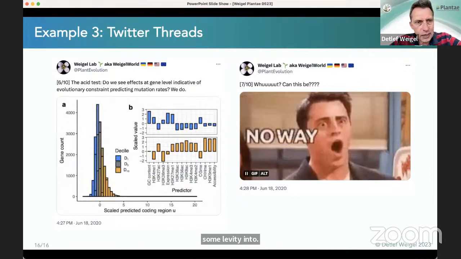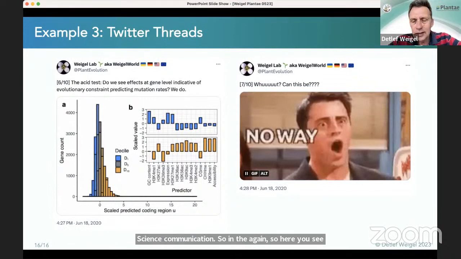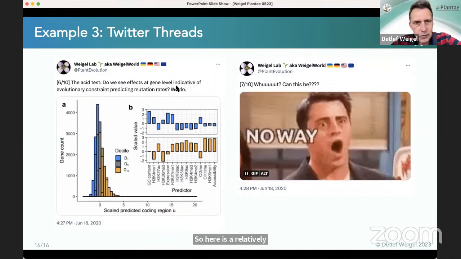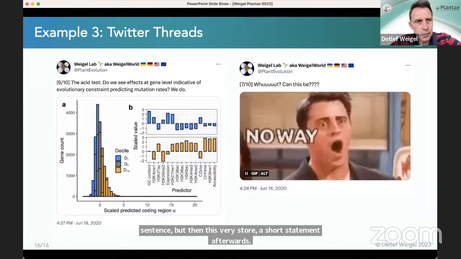And again, here you see how I follow this advice that I gave earlier, this Hemingway style of writing, and that everything has to be short. So here is a relatively long, relatively complex sentence, but then this very short statement afterwards. And I think you can all see how this is very powerful.